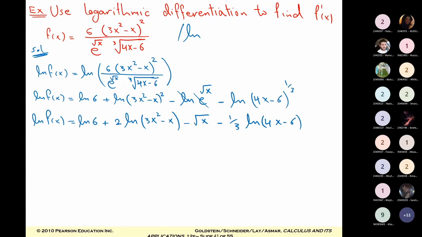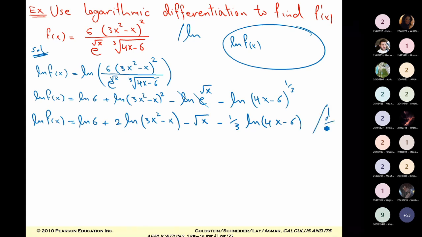Okay. Now we need to find the derivative. What is the derivative of ln f of x? Take d over dx for both sides. What is d over dx for ln f of x?